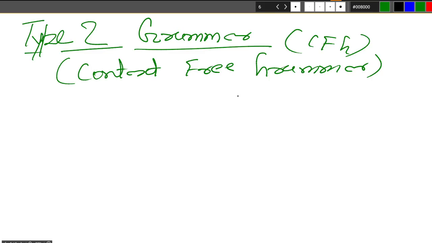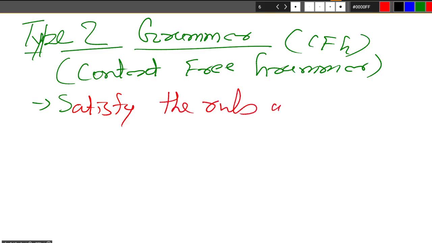And there are certain rules. The first rule is that it will satisfy the rules of type 1.